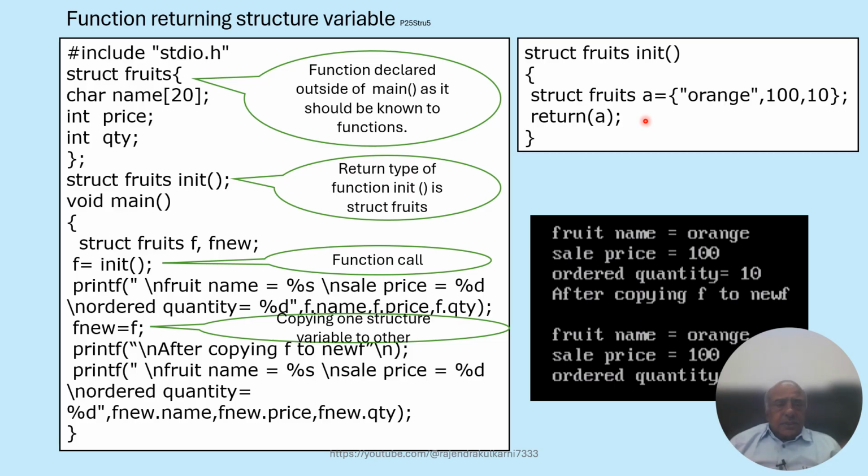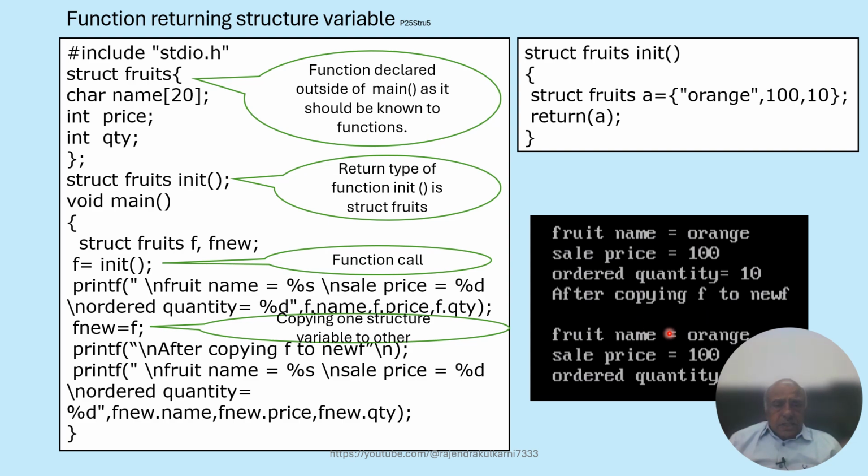So when I executed this program, the first printf statement, after calling the function init, gives me f dot name, which gives me orange, f dot price, which gives me 100, f dot quantity gives me the ordered quantity 10.